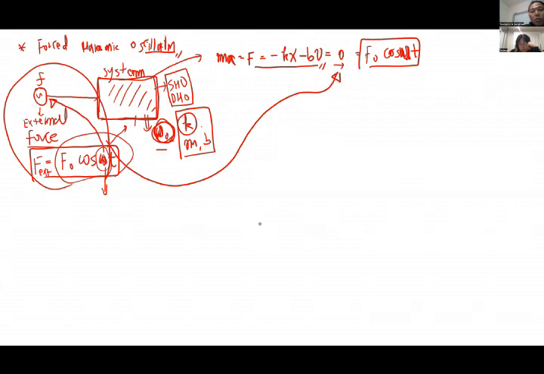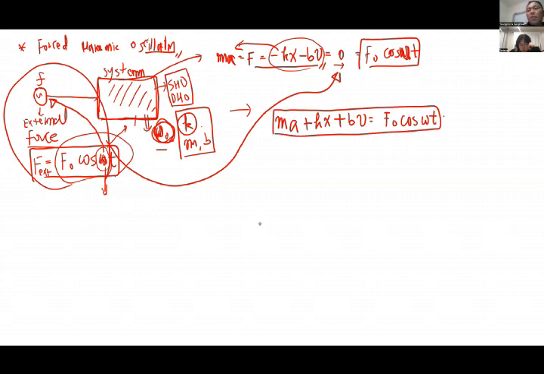If you re-express this as the full second order differential equation, moving terms to the left-hand side, then m a plus b v plus kx equals F naught cosine omega t.